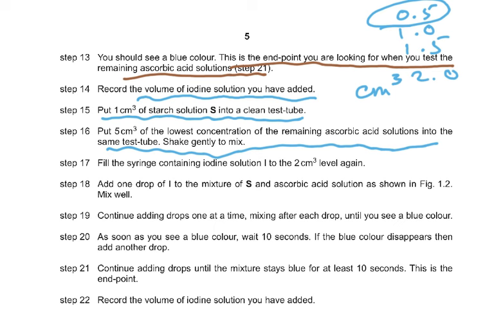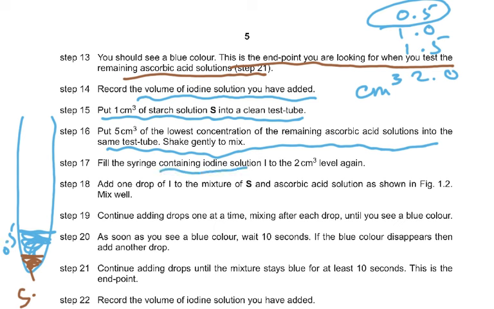You took a test tube, you put 0.5 ascorbic acid in the same test tube. You put 1 centimeter of starch. So we start off again. 1 centimeter of starch, S, and then 5 centimeter of 0.5 ascorbic acid, right?